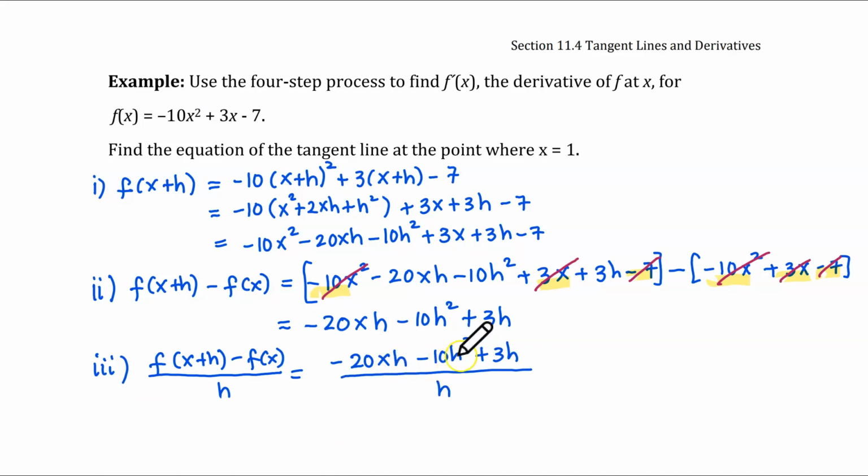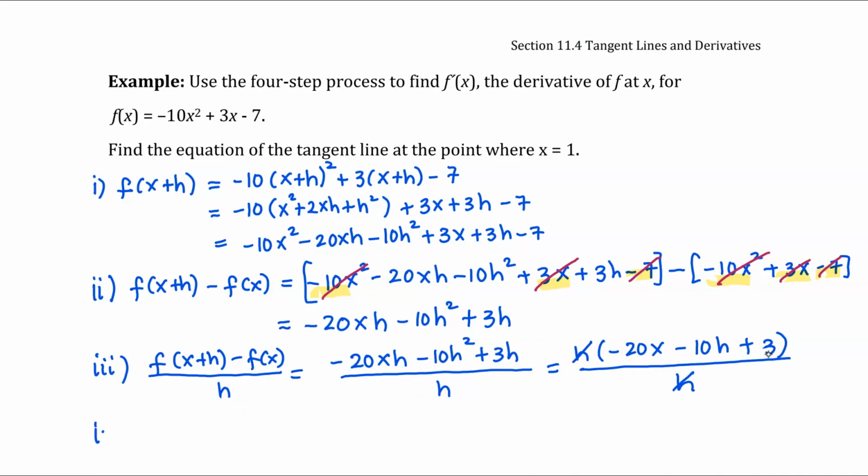So h is a common factor in the numerator. So we have h times (-20x - 10h + 3) divided by h. So h is a common factor. That means we can cancel h. So this cancels out. So therefore, this is equal to this.